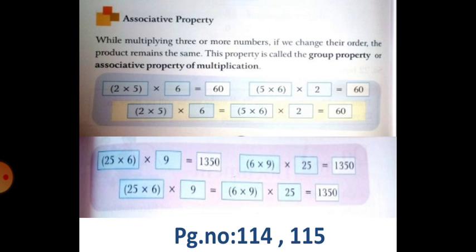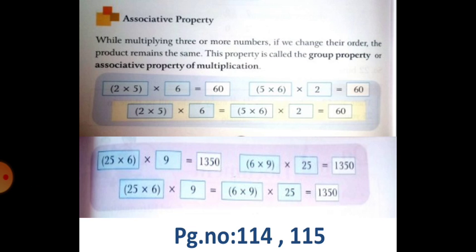Next, associative property. While multiplying 3 or more numbers, if you change their order, the product remains the same. This property is called the group property or associative property of multiplication. Let's see the example. 2 into 5 into 6 equal to 60. 5 into 6 into 2 is equal to 60.